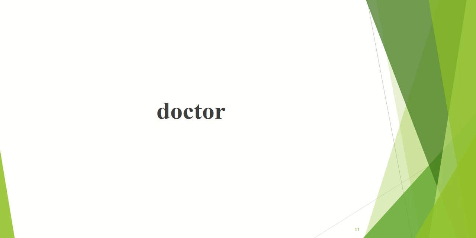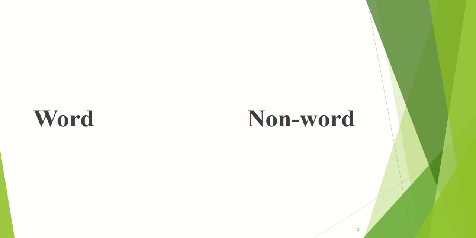The prime word was nurse, the target word here is doctor, they are related. So it should be much faster for participants to decide whether it is a word or non-word. But if it is unrelated, for example the word carpet, then it'll take longer for them to choose whether it is a word or non-word.